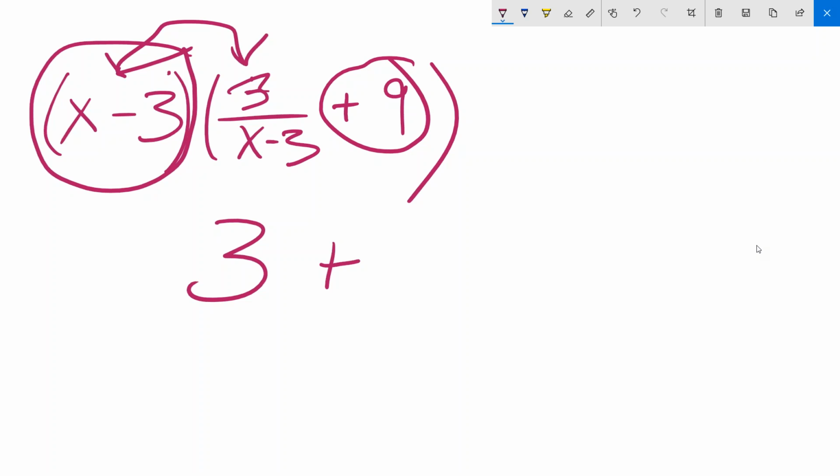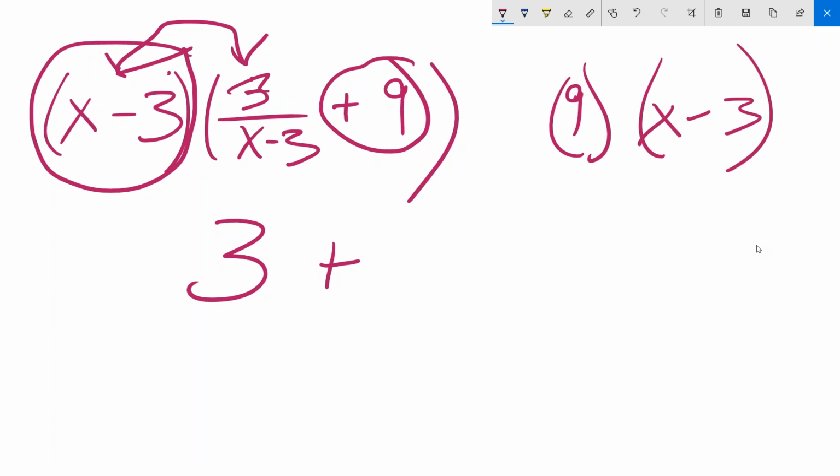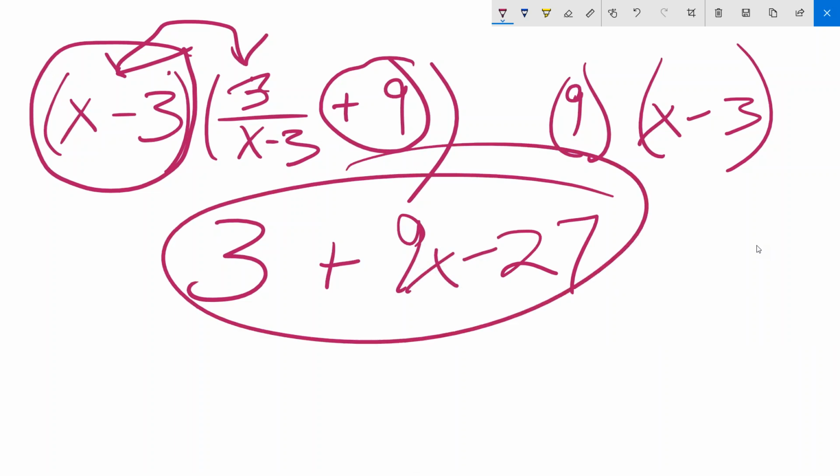Well, no, you're multiplying 9 times x minus 3. What do you get? Oh, you get 9x minus 27. Okay, simplify that whole thing. So it'd be 9x minus 24. There you go.